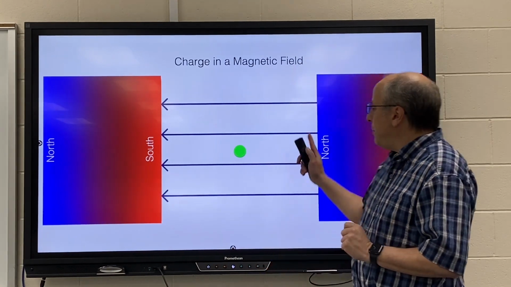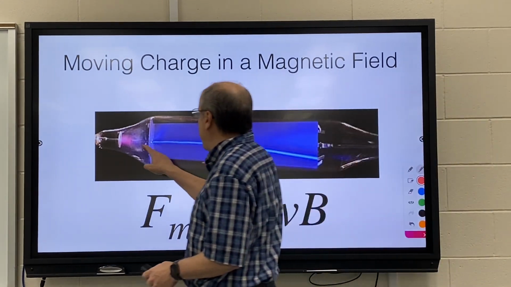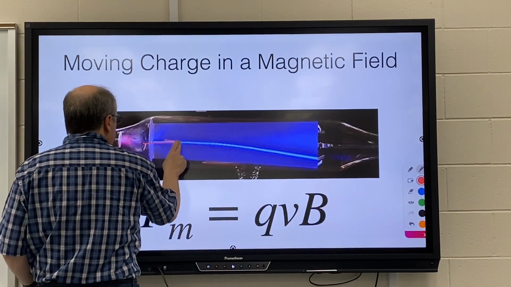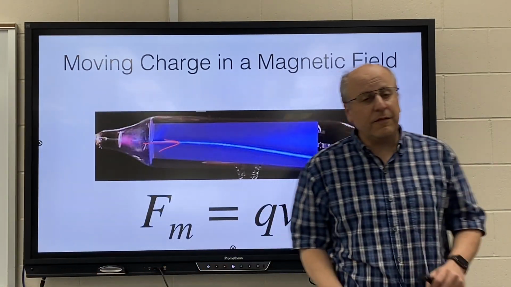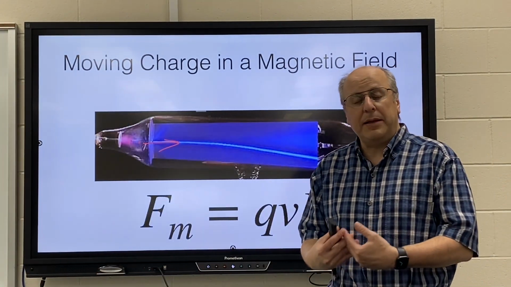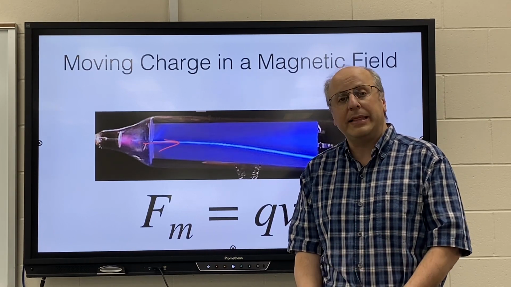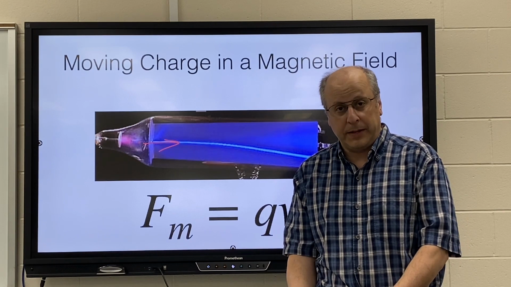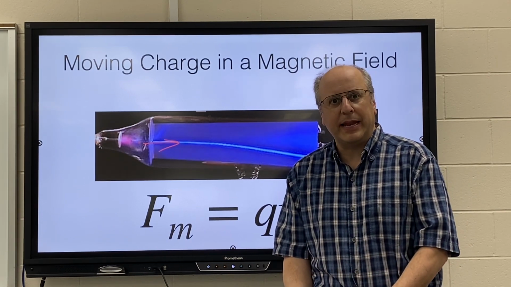However, if we put that charge in motion, that is, we use capacitors to accelerate an electron and then have it enter into a magnetic field, now the same electron that felt nothing when it was at rest will feel a magnetic force when it's moving. The faster it moves, the greater the magnetic force.